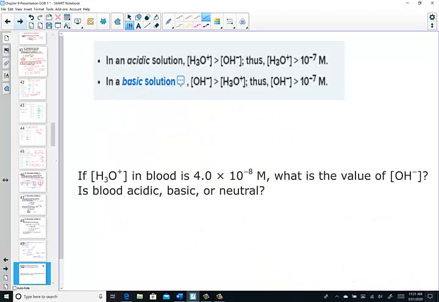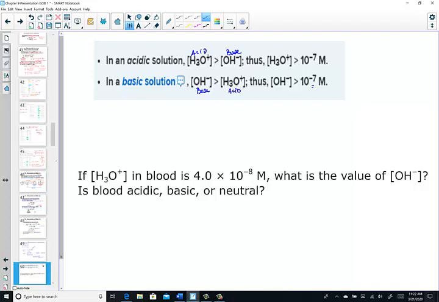If we have an acidic solution, the acid ion concentration is greater than the base ion concentration, and thus your hydronium is going to be a larger number than 10^-7. In a basic solution, the base ion is in greater concentration than the acid ion, and thus hydroxide is going to be greater than 1 × 10^-7 units.